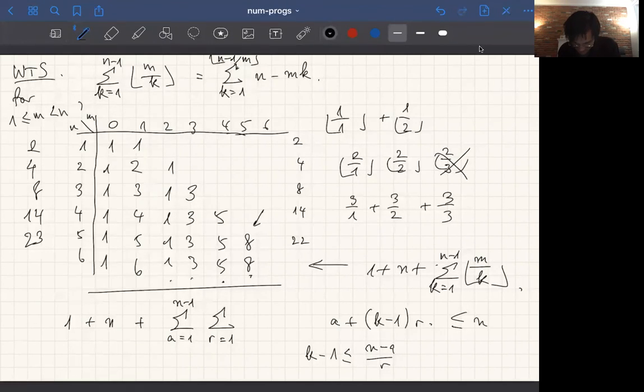So k is plus 1. That's not right. N minus a. What's this pesky plus 1 doing here?